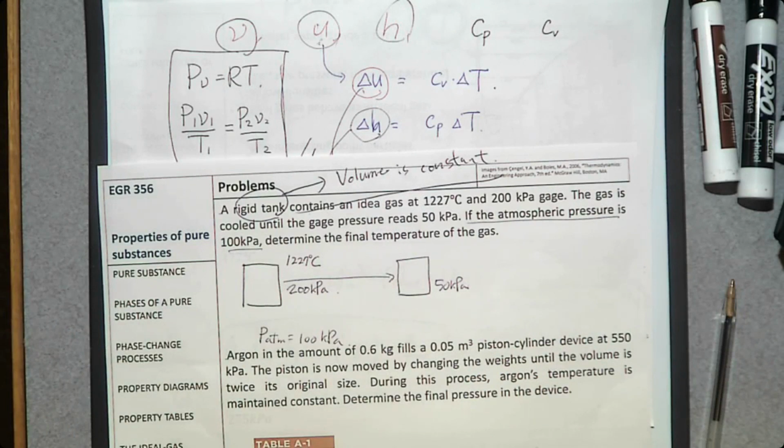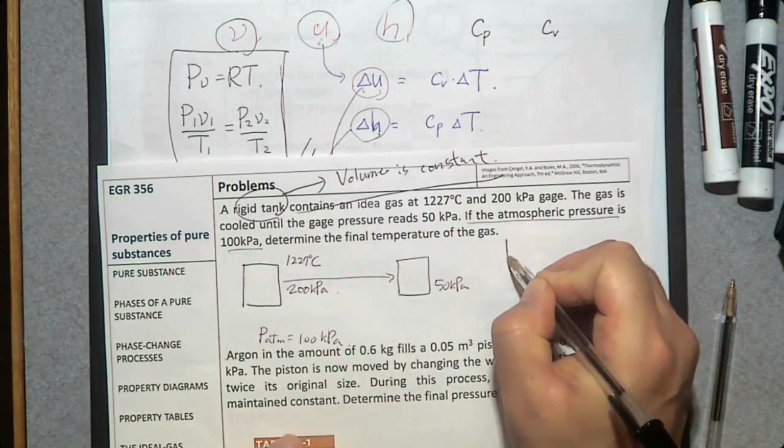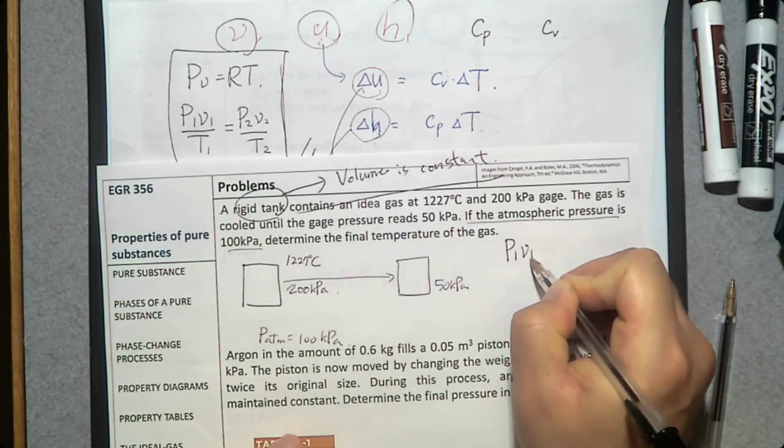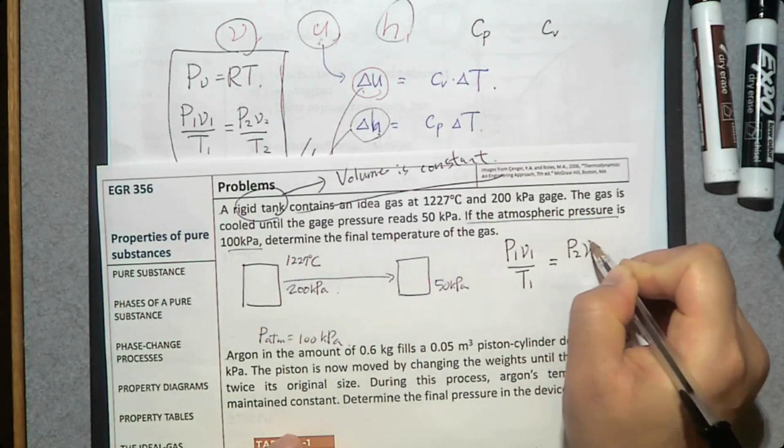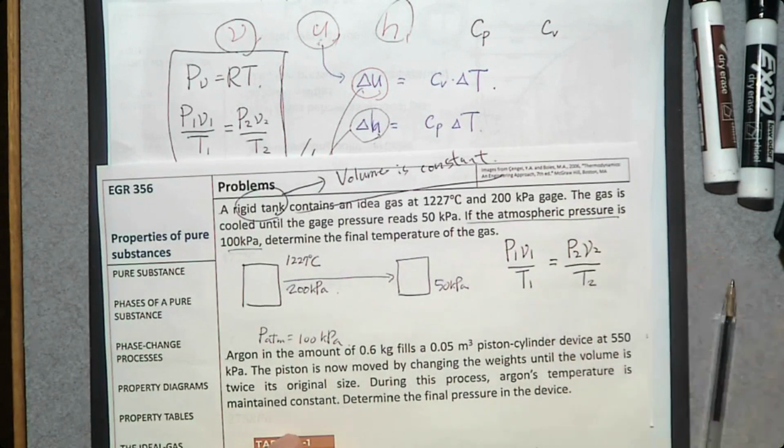So why don't we use this ideal gas equation? We see this one, P1 V1 over T1 is P2 V2 over T2. So let me write that equation here. P1 V1 over T1 is P2 V2 over T2.